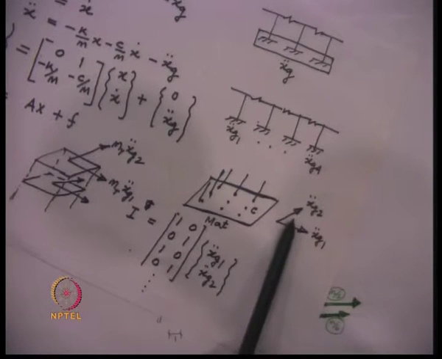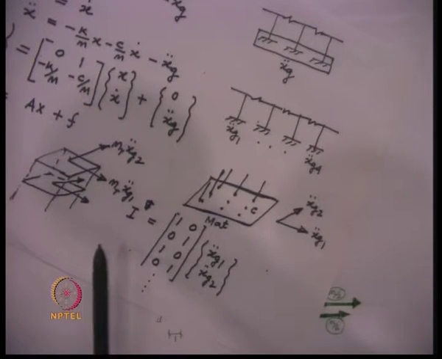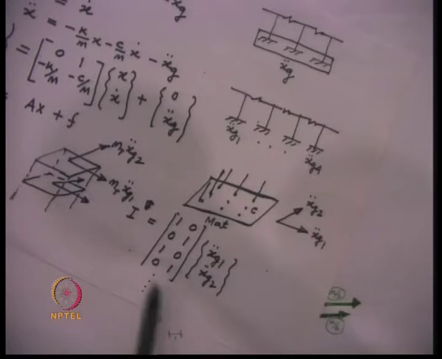Then one can represent the acceleration by this formulation, where I is a matrix of 1 0, 0 1, 1 0, 0 1 and so on. This is a vector of x double dot g1 and x double dot g2. If we multiply this vector by the first row, it becomes simply x double dot g1, this becomes x double dot g2, again x double dot g1, then x double dot g2 and so on.